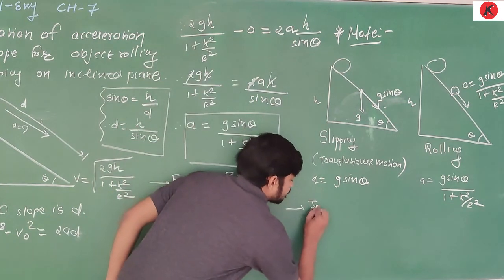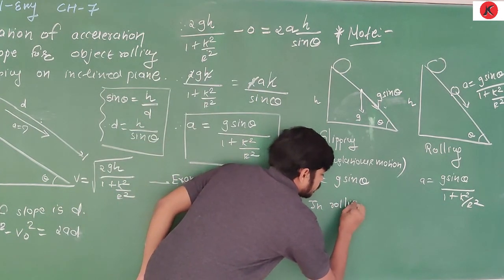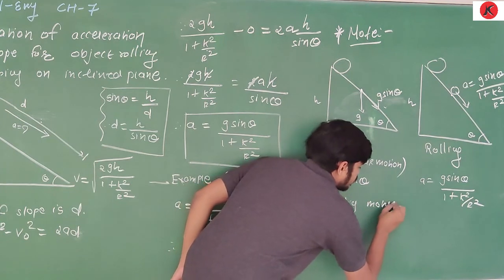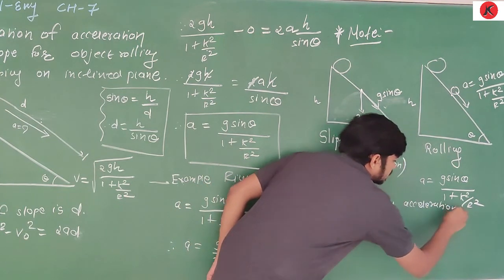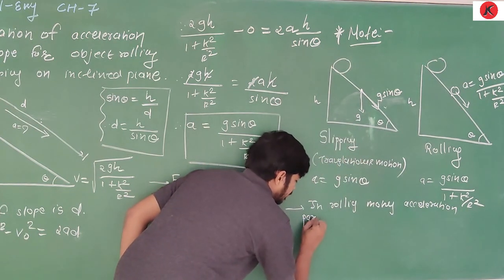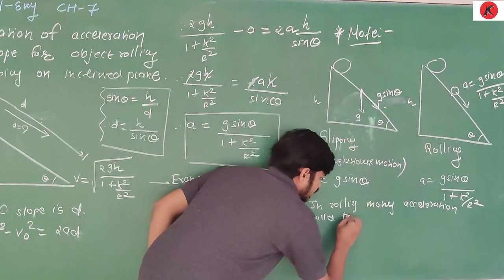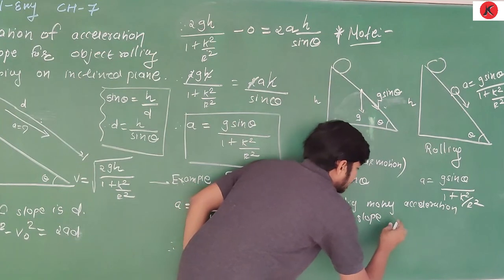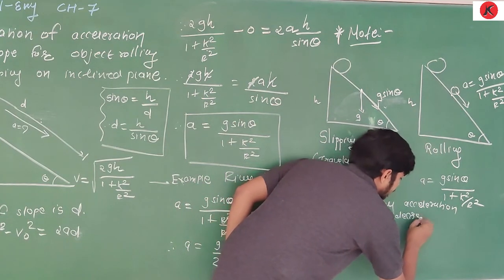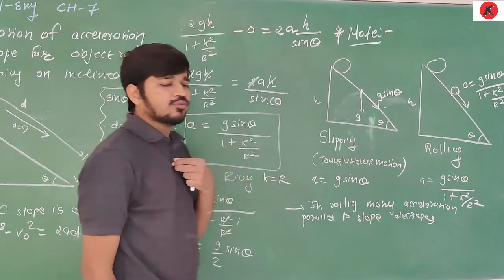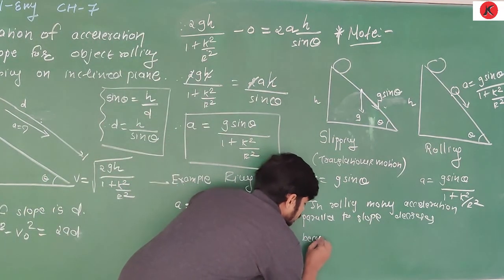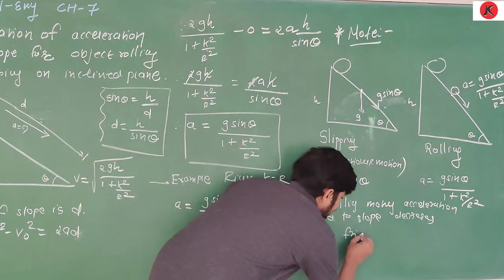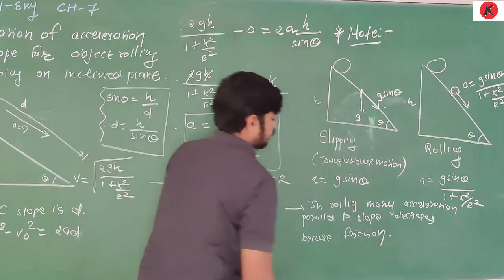So in rolling motion, the acceleration parallel to the slope decreases. Yes or no? And it decreases because of friction.